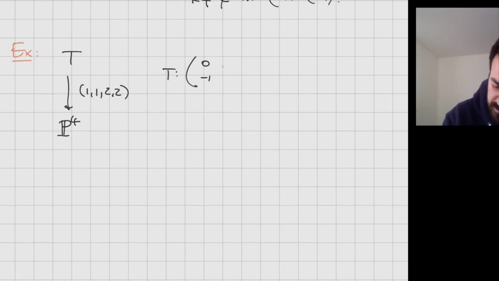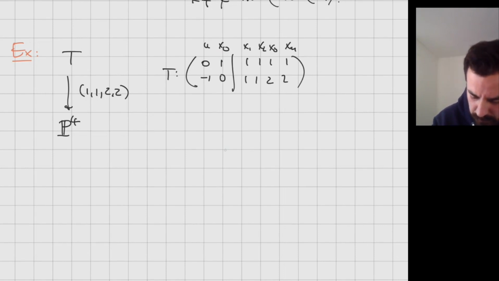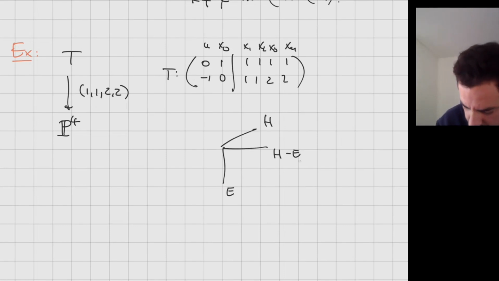T is represented again by this matrix. It's a C star times C star action. Let me write again what the decomposition of the effective cone is. So it's E, H minus E, and H minus 2E.